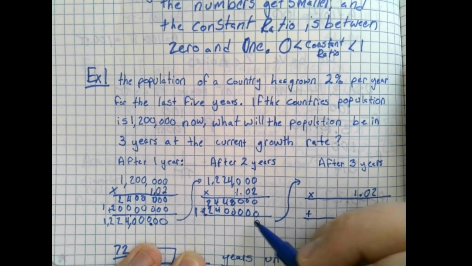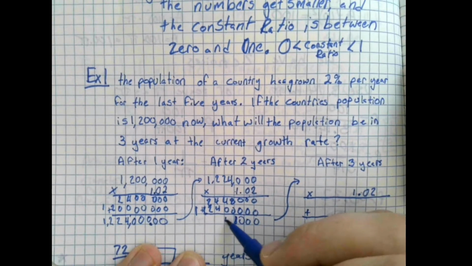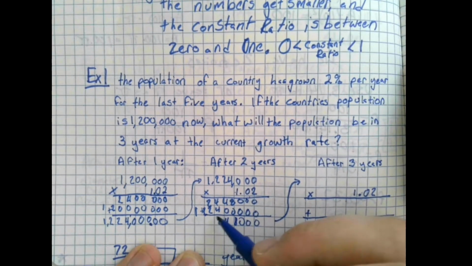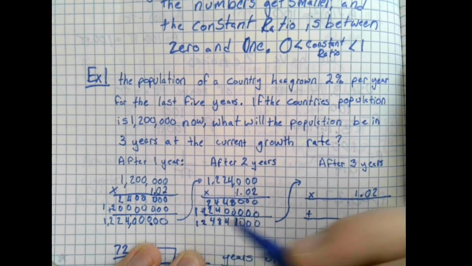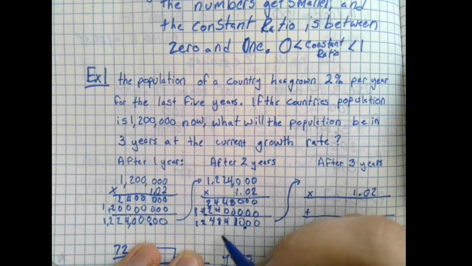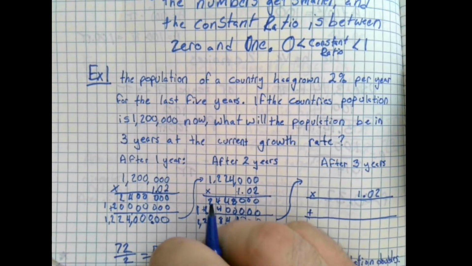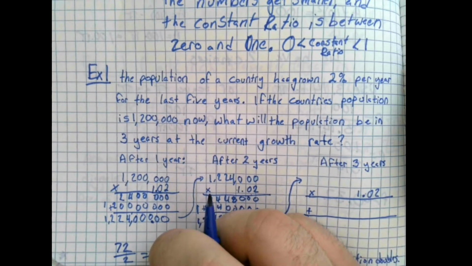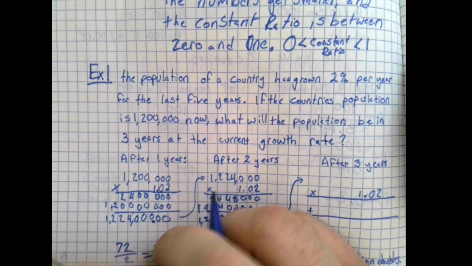So then we'll have 0, 0, 0, 8, 4, 8, 4, 2, 1. We'll have 2 decimal places, meaning that our new number is 1,248,480.